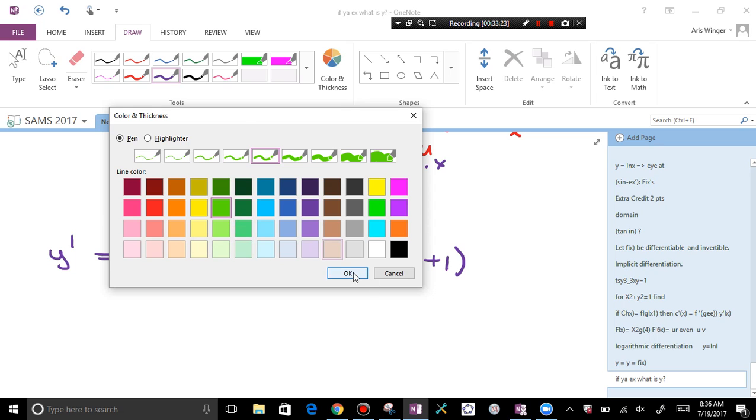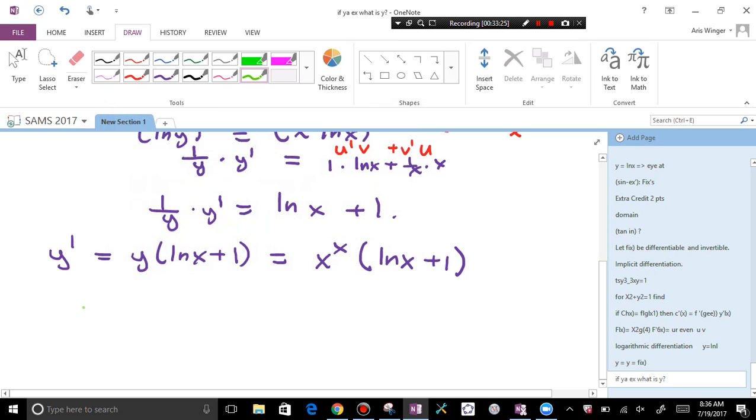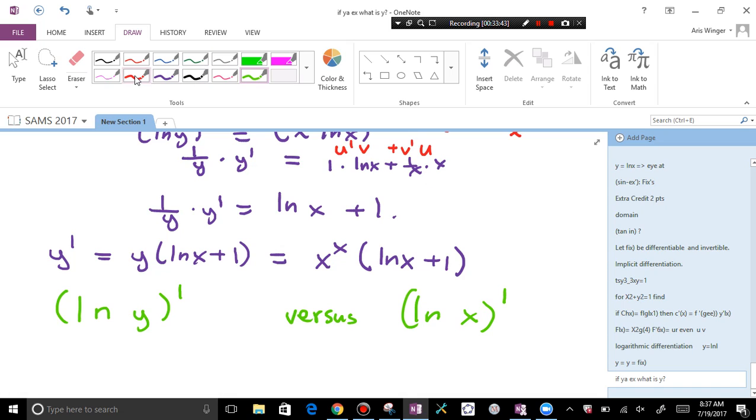Let's try this green. Okay, so we're talking about the derivative of the natural log of y versus the derivative of the natural log of x. We had said that y is a function of x, right?